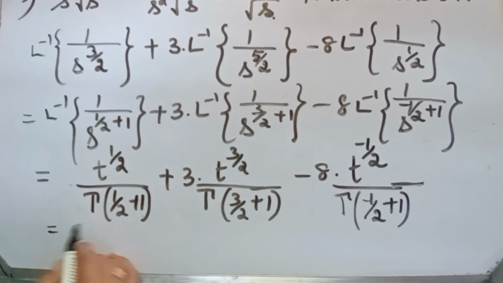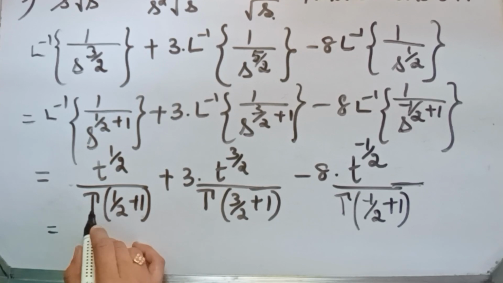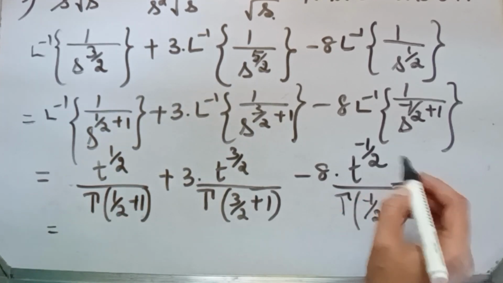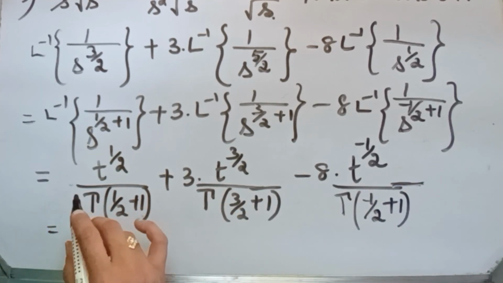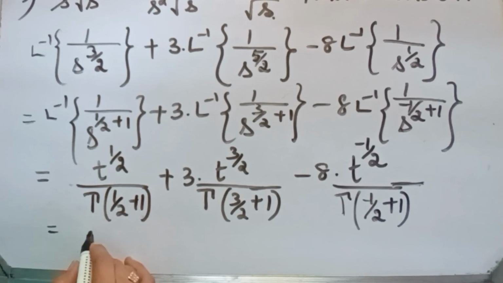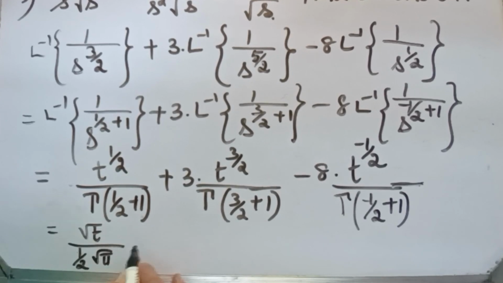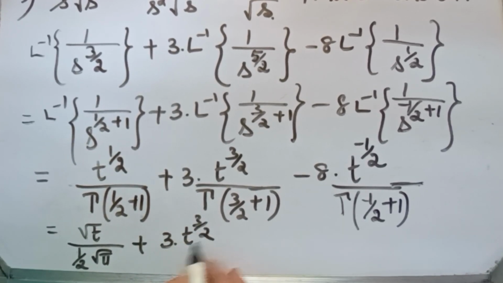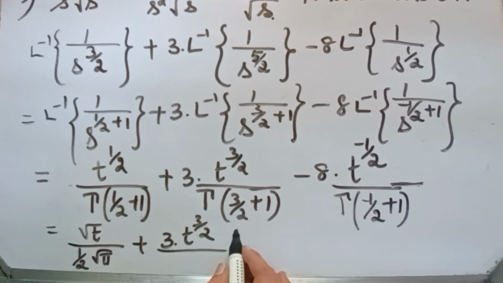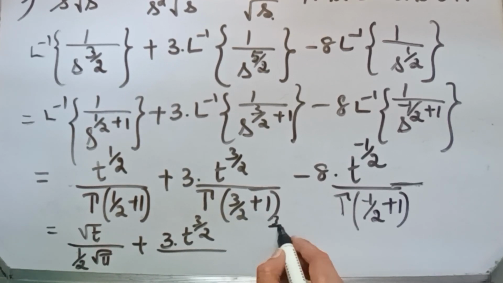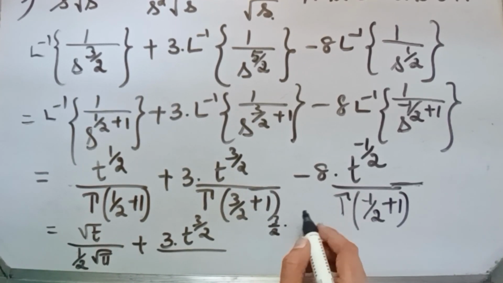So, what is gamma of half plus 1? Half into gamma of half, because the property of gamma of n plus 1 is n into gamma of n. So it is square root of t divided by 1 by 2 into root pi, plus 3 into t to the power 3 by 2 divided by gamma of 3 by 2 plus 1, which is 3 by 2 into gamma of 3 by 2.